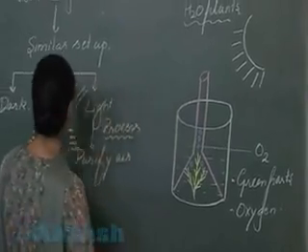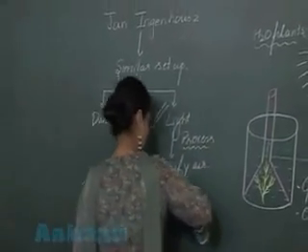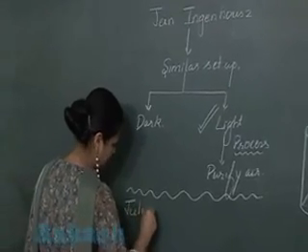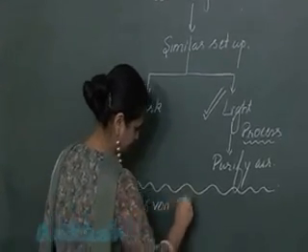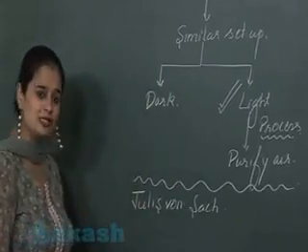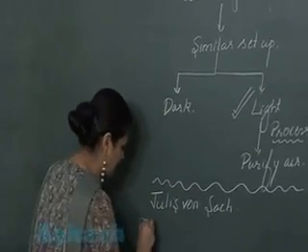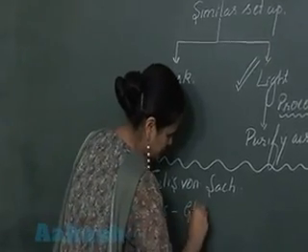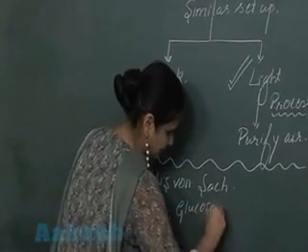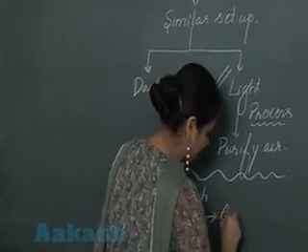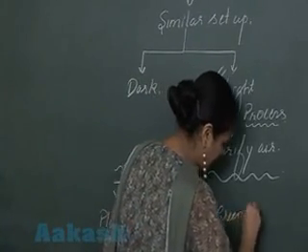Now after Ingenhousz, let's see the contribution of Julius von Sachs. Now what Julius von Sachs found was that plants have the ability to form glucose. And this glucose can only be formed by the green parts of the plant.